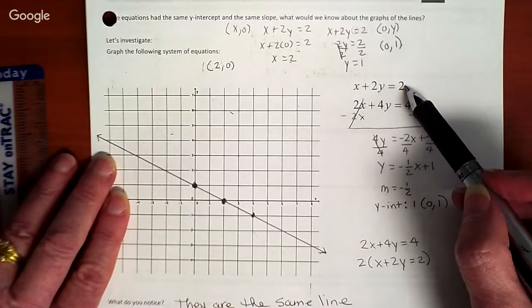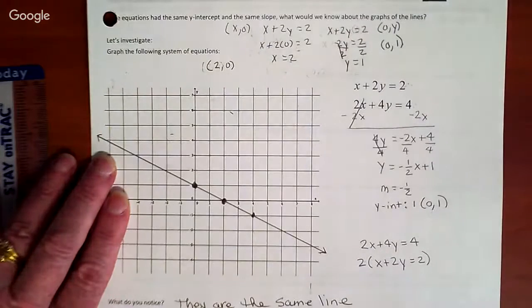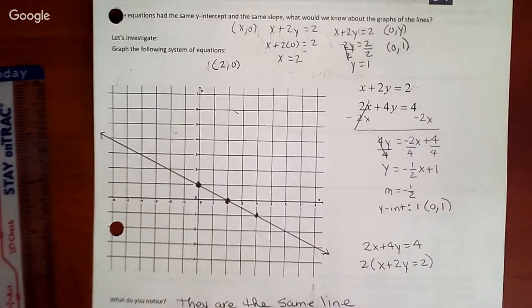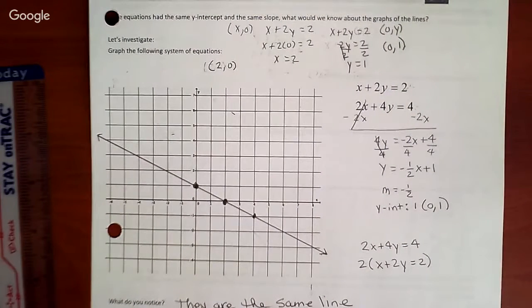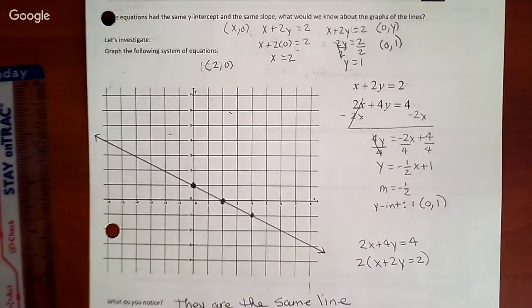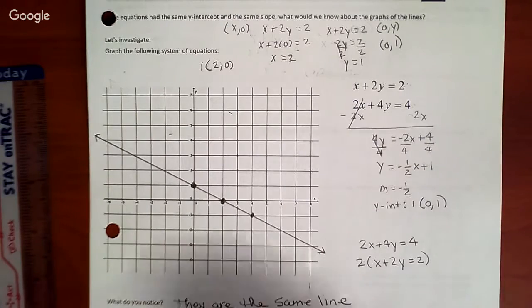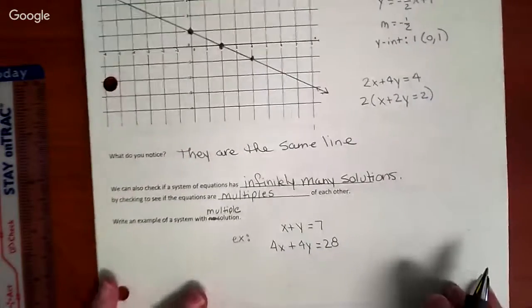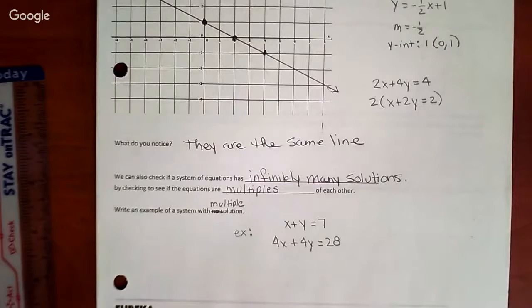It's a multiple of this. So here, if I give an example down here, and I say x plus y equals 7, a multiple of that would be 4x plus 4y equals 28. And it would be the exact equation when I go and graph it.